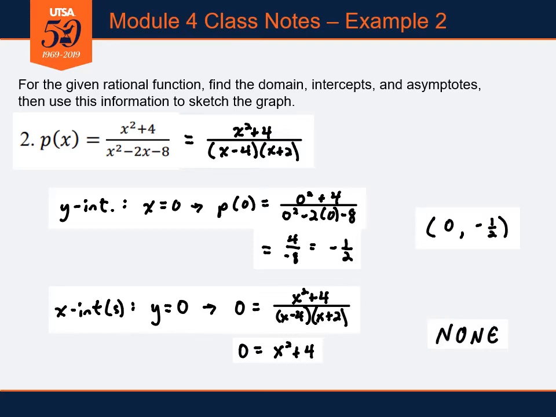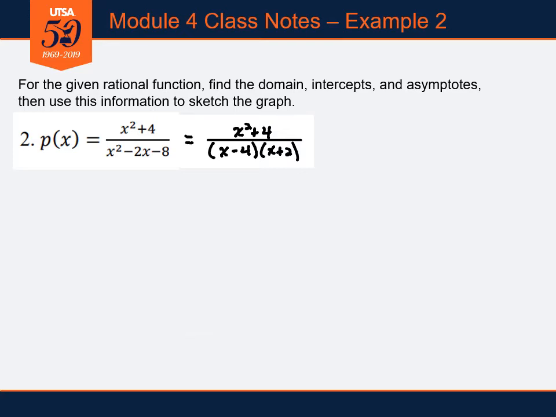None. If we tried to solve, we would subtract 4 on both sides and get x squared equals negative 4, but you know as well as I do, you can't square a number to get negative 4, so there are no x values that satisfy that equation, meaning there are no x-intercepts, and that's okay. There's nothing wrong with that. That's just a characteristic of this graph, no x-intercepts.